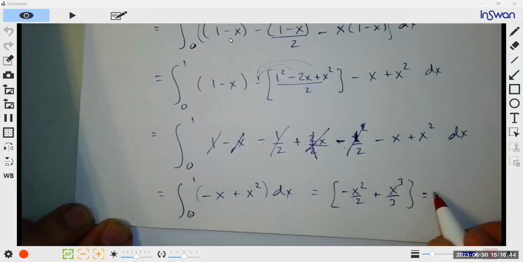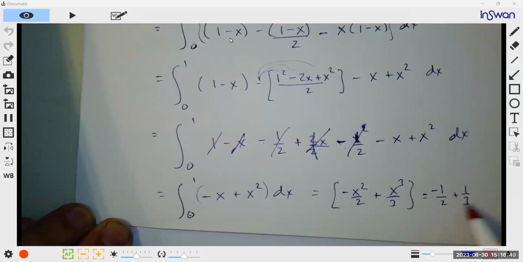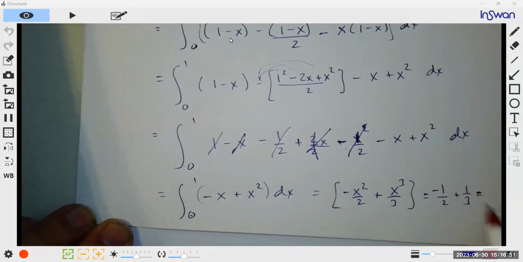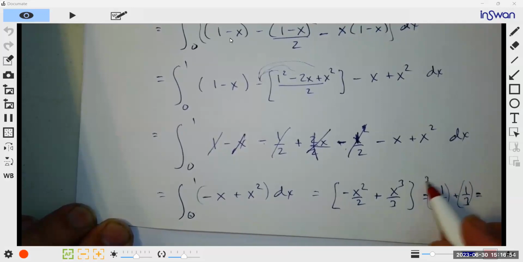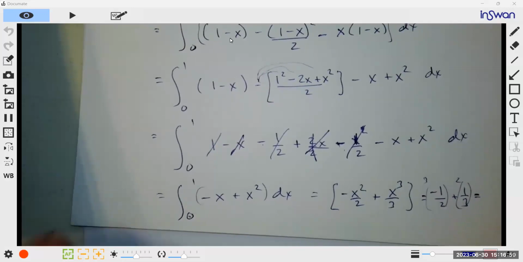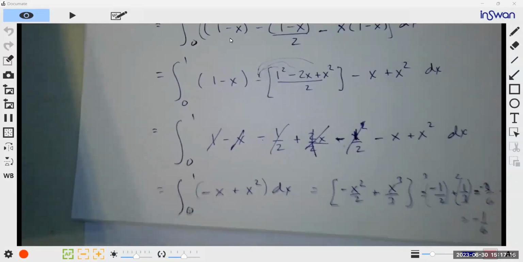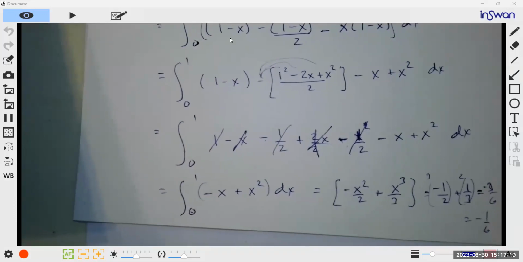So we get negative 1 over 2 plus 1 over 3. Get a common denominator: that's 3 over 6 negative. It can't be negative. I'm messing up a sign somewhere.